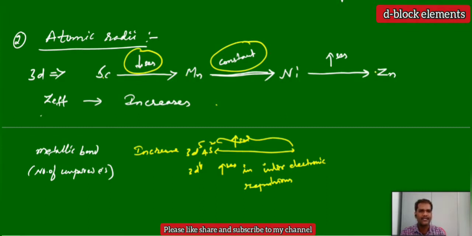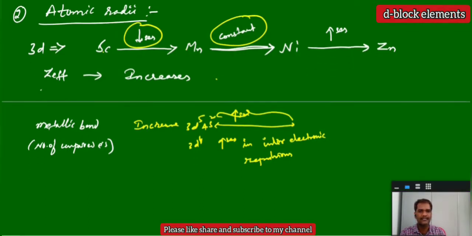Then after nickel to zinc, the number of electrons added still increases. Then further the inter-electronic repulsions increase. Means in this case the inter-electronic repulsions dominate over the effective nuclear charge. So, more inter-electronic repulsions cause more expansion of the electron cloud. That is why, as a result, from nickel to zinc the metallic radii increase. So, like this you can see some abnormal behavior from scandium to zinc in the 3d series.